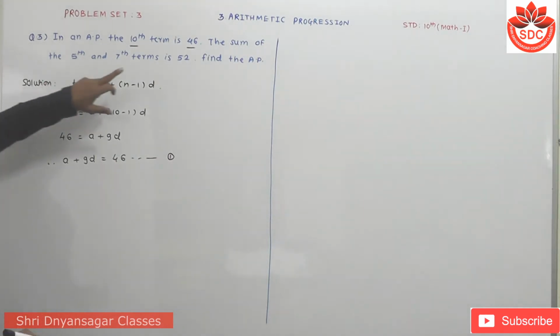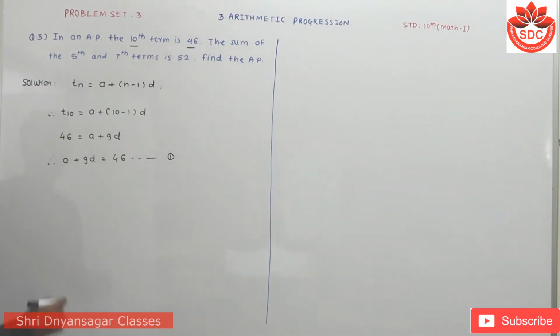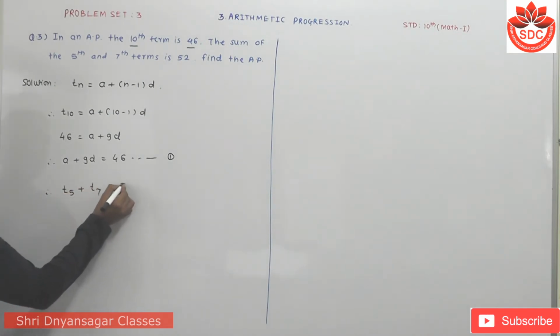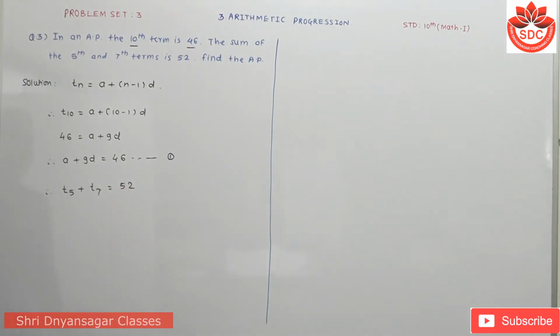Now the second condition is that the sum of the 5th and 7th term is 52. Therefore T5 plus T7 is equal to 52.